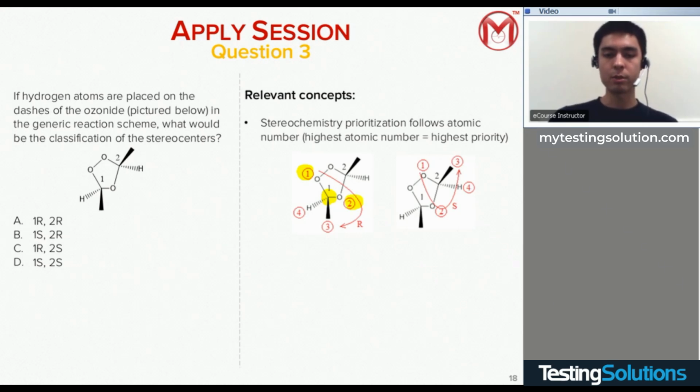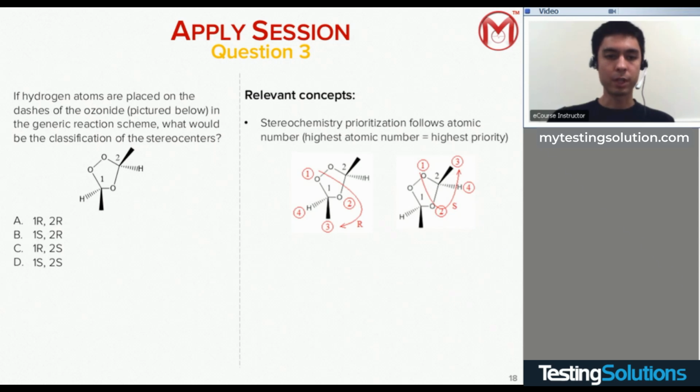They're both oxygen atoms, but the number 1 oxygen atom is attached to another oxygen atom, whereas the number 2 oxygen atom is attached to a carbon. And since oxygen is a higher priority, this top one wins priority. So we've got 1, 2, and then the methyl group is 3. Hydrogen is always going to be 4. These 3 groups are basically pointing out at us, and so the 1, 2, 3 is going clockwise. Therefore, this is R.